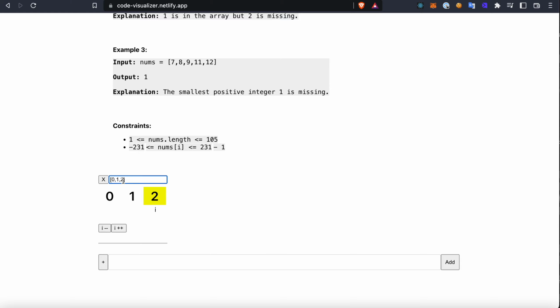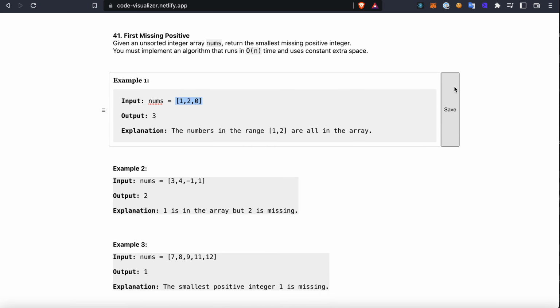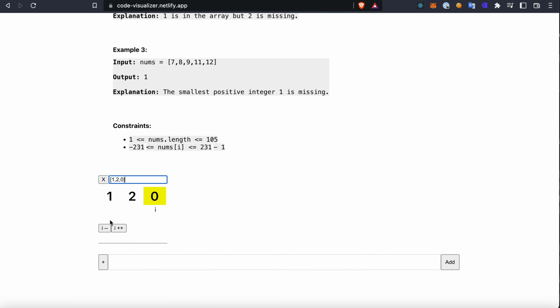Let's implement this exact same situation one more time and see what that looks like. So we had 1, 2, 0, and is 1 at its correct location? It actually is, because 1 is at index 0 now because we're 1 indexing, so technically we say 1 is at 1. Then we look at this guy. 2 is at, if you're 1 indexing, position 2. If you're 0 indexing, now it's at index 1, which is correct. So 1 plus 1 is 2.